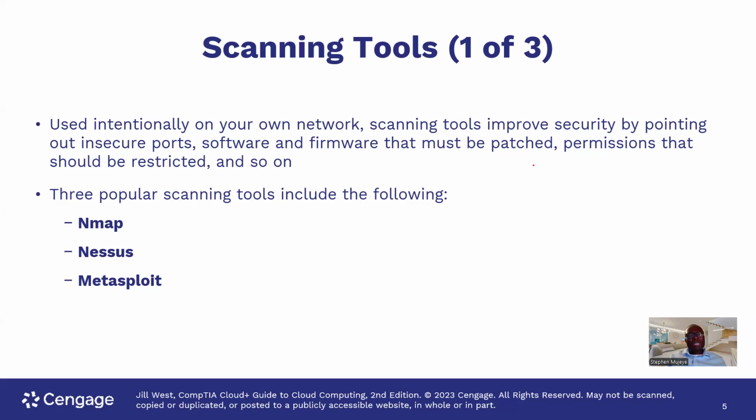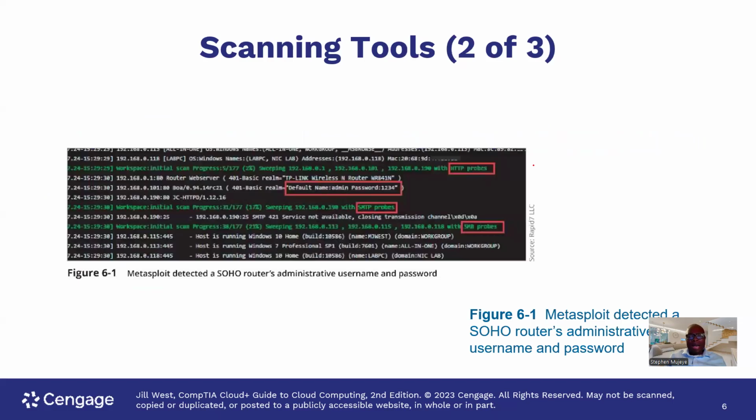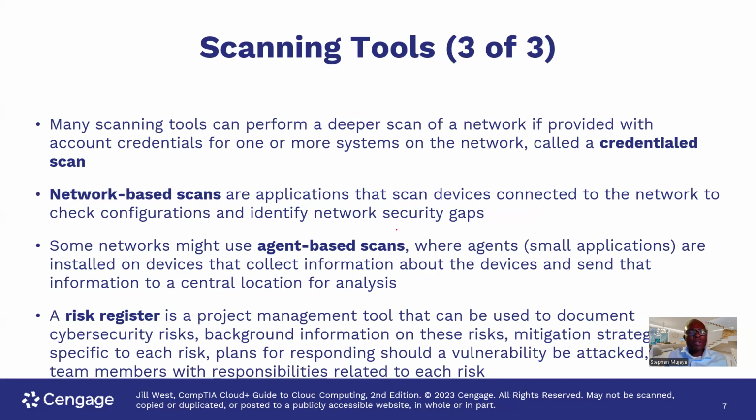Metasploit is used in penetration testing, and that can be used in the cloud environment as well. Right here, we have this image of Metasploit, and you can see that a weak password has been detected, which is 1234. So using Metasploit, you can do that.